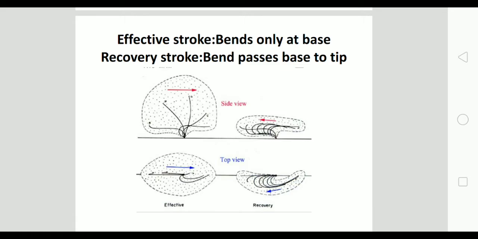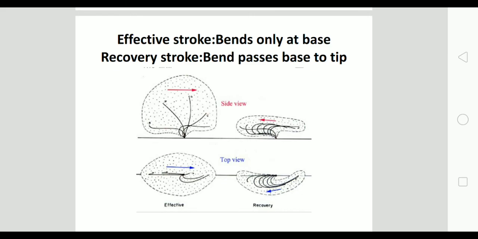The effective stroke shows bending of the cilia at the base only. The entire cilium beats and exerts pressure on the water. Next, the right side diagram shows a recovery stroke.